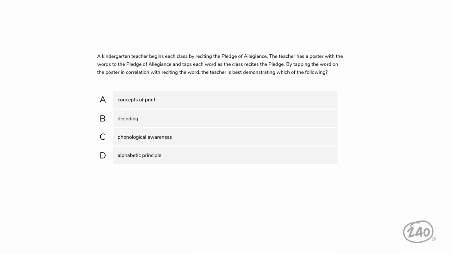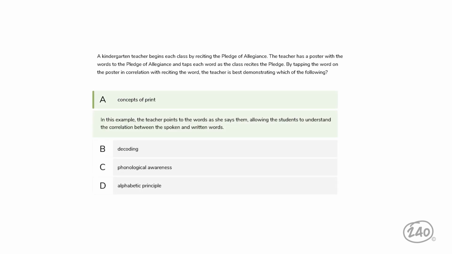Remember how the first competency is all about early literacy skills? Let's see how that is reflected in a question. A kindergarten teacher begins each class by reciting the Pledge of Allegiance. The teacher has a poster with the words to the Pledge of Allegiance and taps each word as the class recites the pledge. By tapping the word on the poster in correlation with reciting the word, the teacher is best demonstrating which of the following: concepts of print, decoding, phonological awareness, or alphabetic principle.